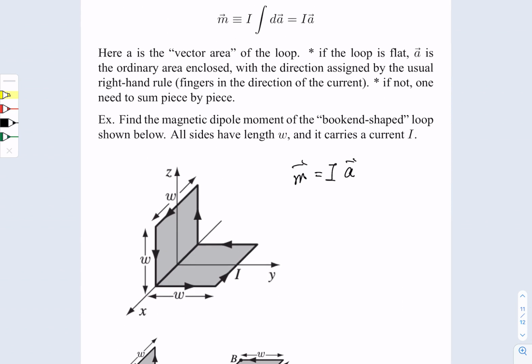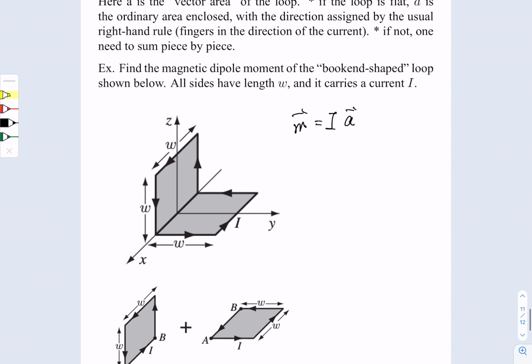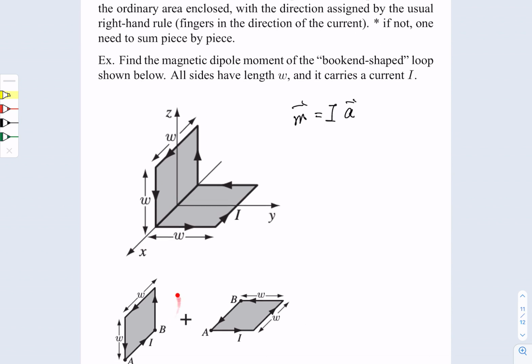Now if we apply this to this surface, we really need to separate the surface into two terms, one on the left and one on the right. Even though in the middle there is no current, once we separate them, we can add a current to one side and the current to the other side.